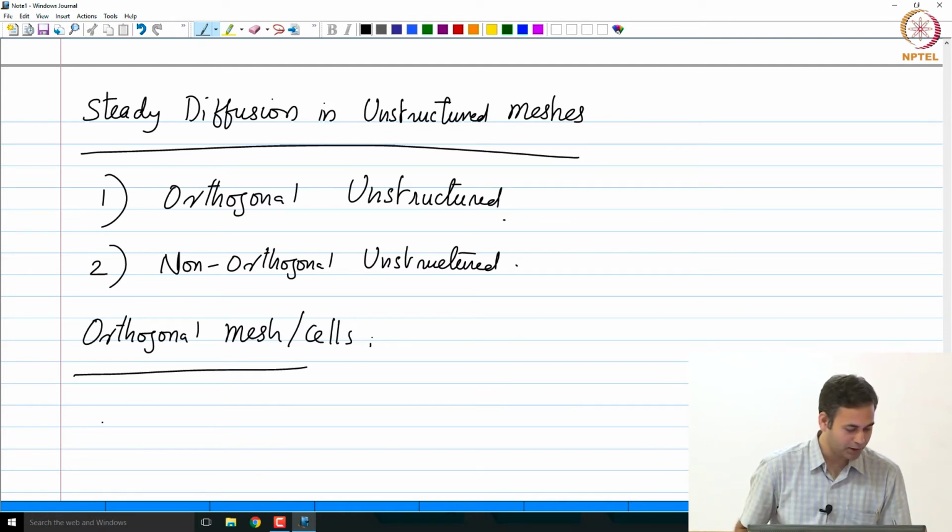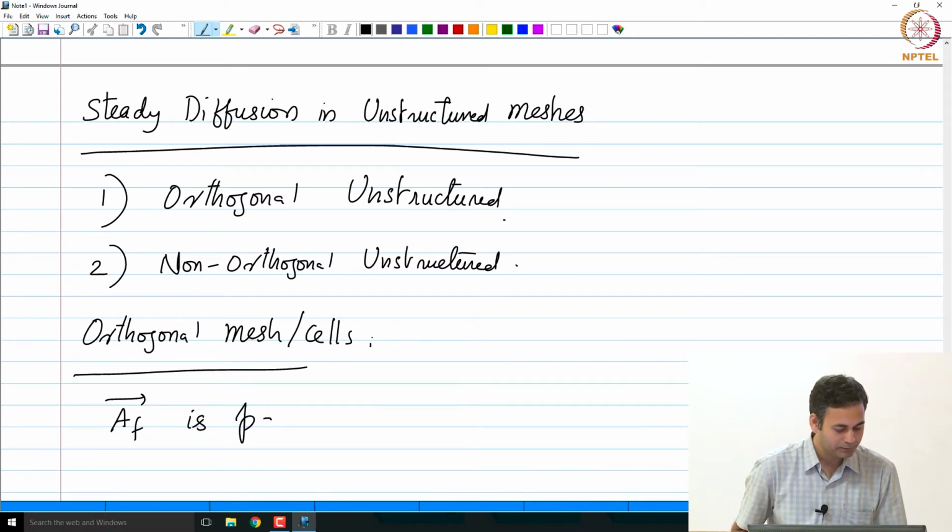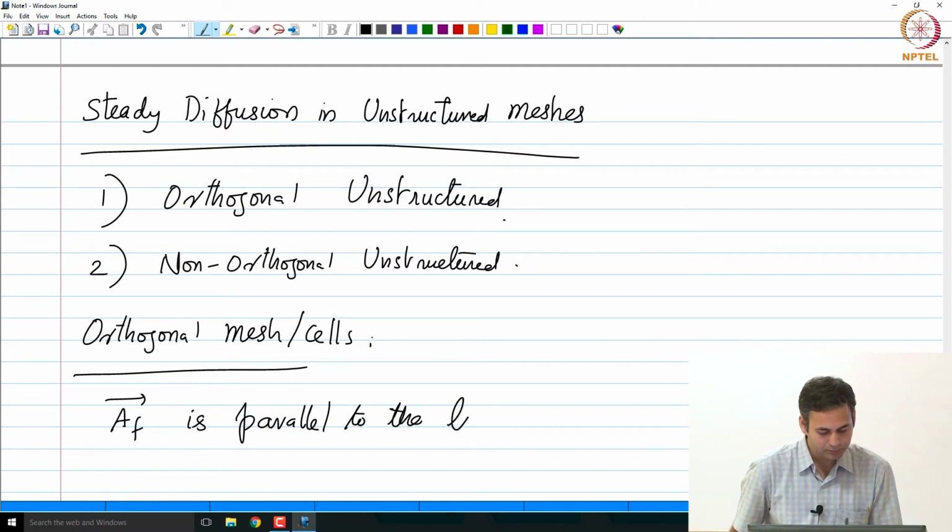So that means the area vector of the faces is parallel to the line joining cell centroids.